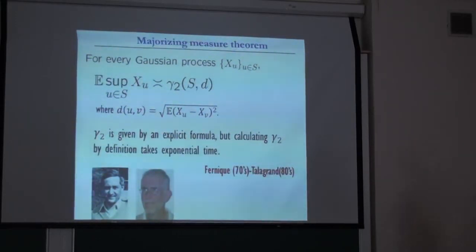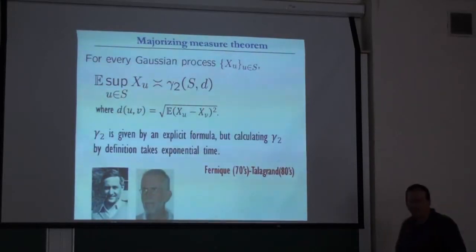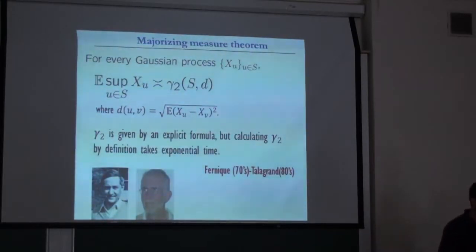This formula has in it a lot of sups and infs, and I'll give it to you in a moment just for completeness. But the main point for us right now is that this is a completely deterministic quantity. There's no randomness in it. Okay, and it's, on the other hand, equivalent with universal constant to the supremum of the Gaussian free field.